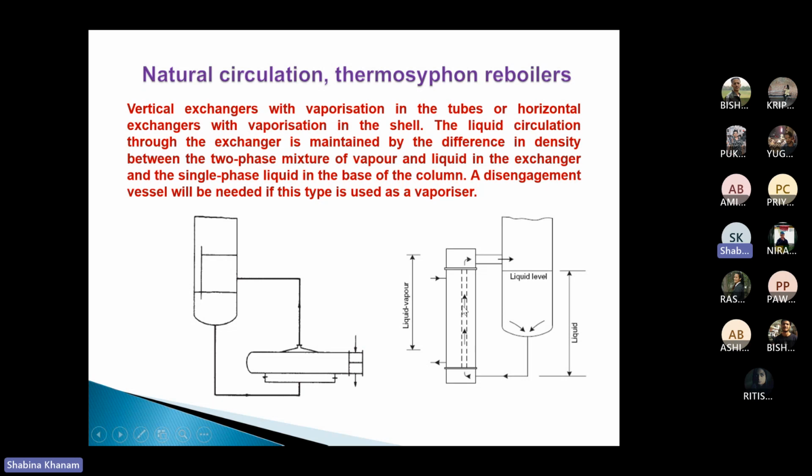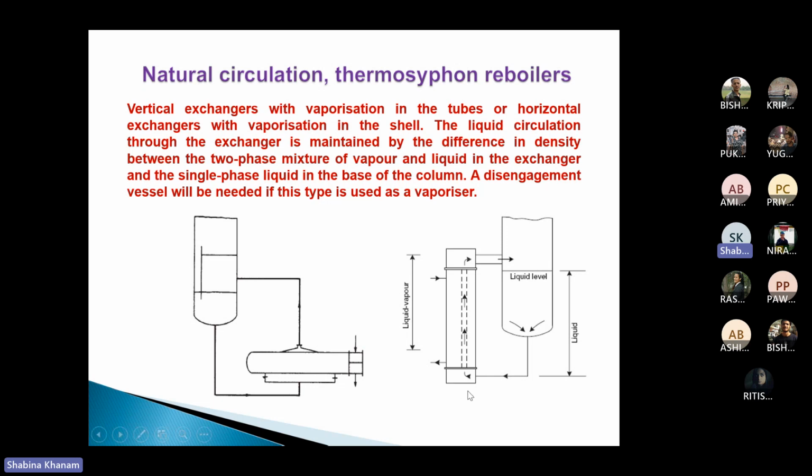As vapor formation occurs and the fraction of vapor in the mixture increases, the density keeps reducing, and because of that reduction, the natural movement would be upward, right? So we can have this circulation, and because it moves without any pump, only by natural means, it is called natural circulation or thermosiphon reboiler.